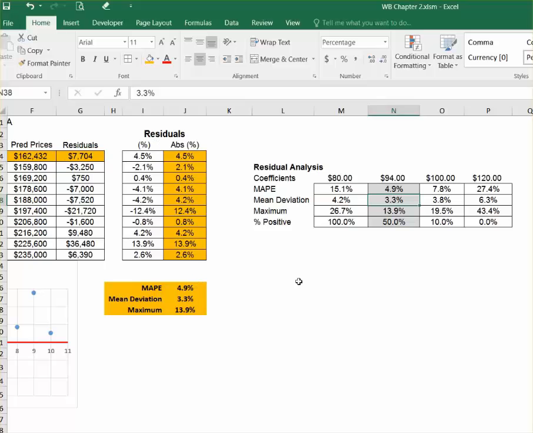We did 3 here, but actually we did 4 if you count the number of positives, where the right answer would be 50%. That's 100%, it's way off. That's not good, and that's not good. Now, what we're saying is, if we were going to try to predict a price, we would use $94 a square foot with this model.